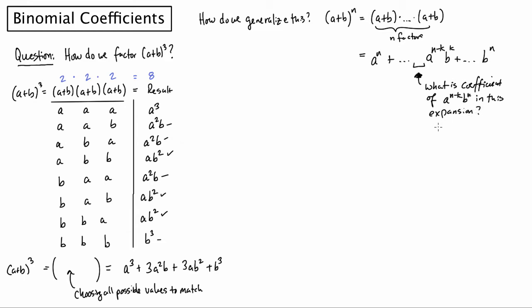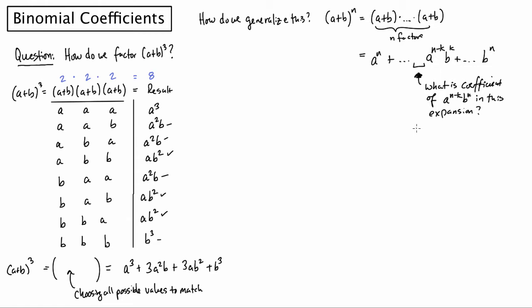If you've gone through the Calculus 2 course, you talked about something called the binomial theorem. You're probably familiar with the answer to that question. Let's just rephrase that question in a different way. Instead of asking what is the coefficient, let's talk about what that coefficient does.